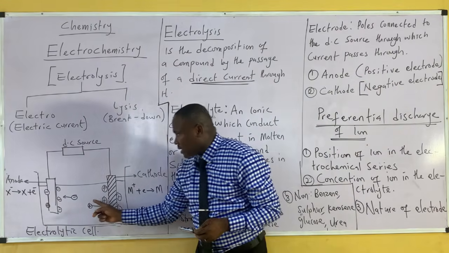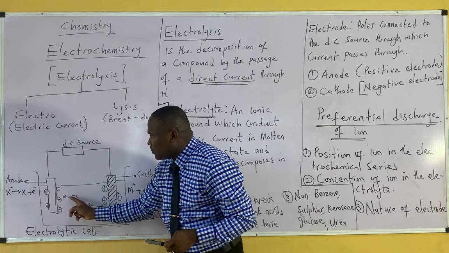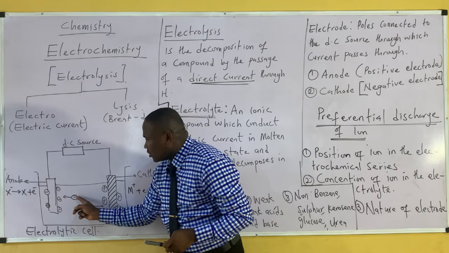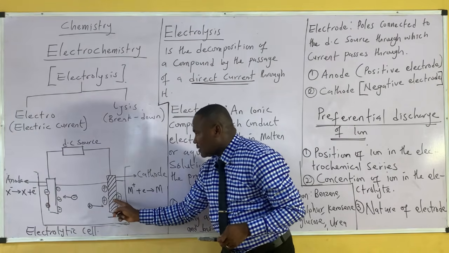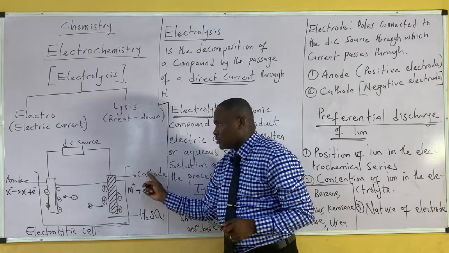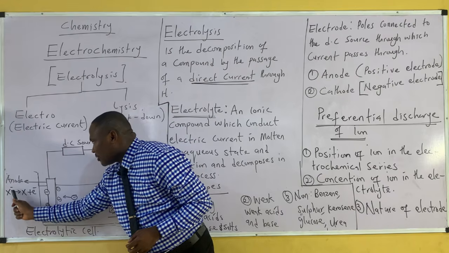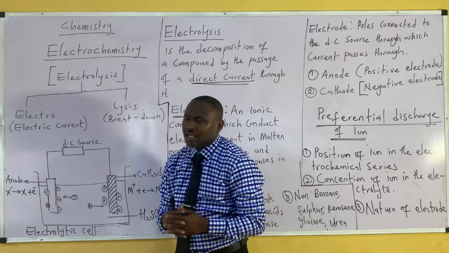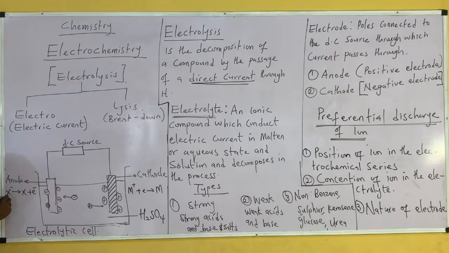Now look at it over here. The negative ions migrate towards the anode, while the positive ions migrate towards the cathode. So if you look at it very well, we have this reaction occurring at the anode: minus 1 becoming 0, minus 1 to 0.